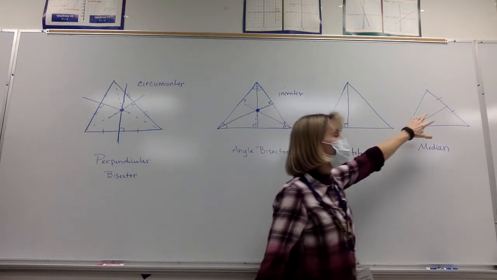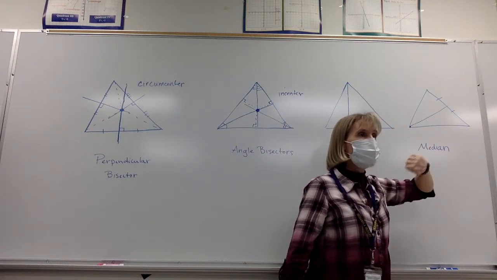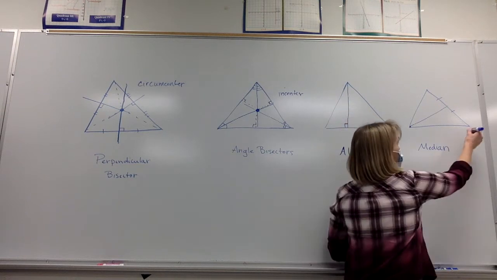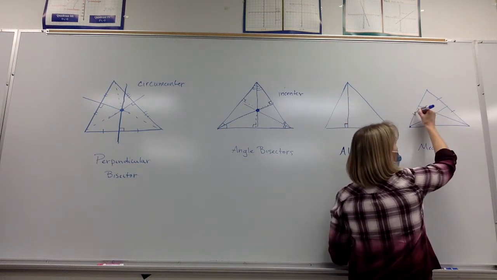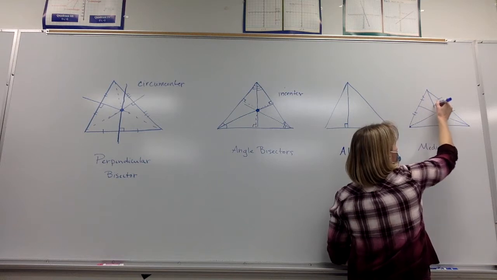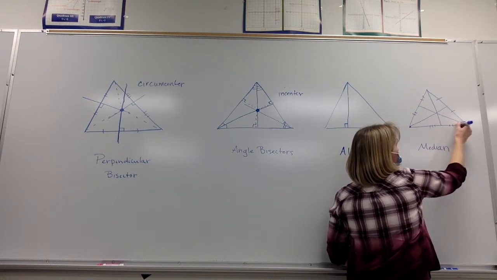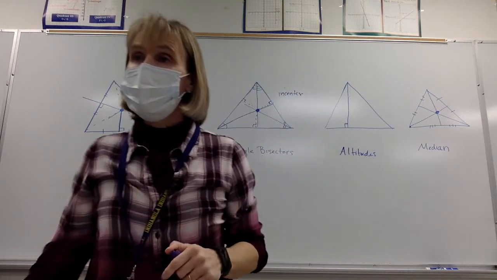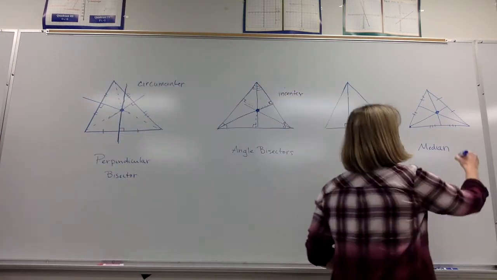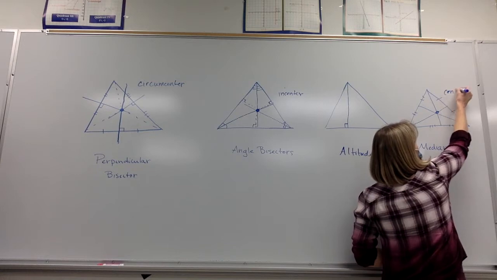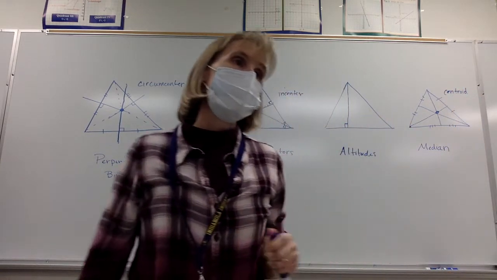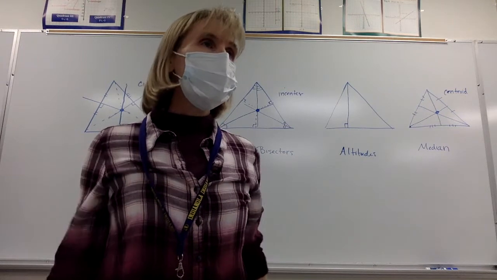You're going to see tick marks in some of the median drawings, because that's going to the middle of the opposite side. And if I do the same thing for each one of these, that median meets at a point, and that point is called the centroid. Okay, that's the centroid. That's what we've talked about so far.